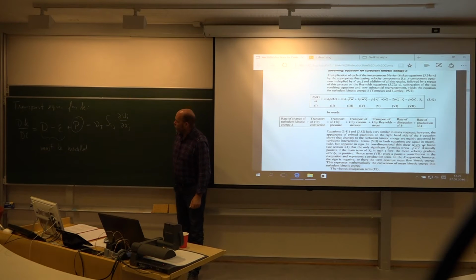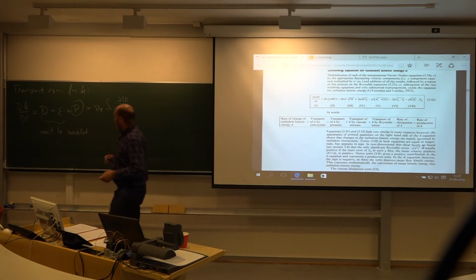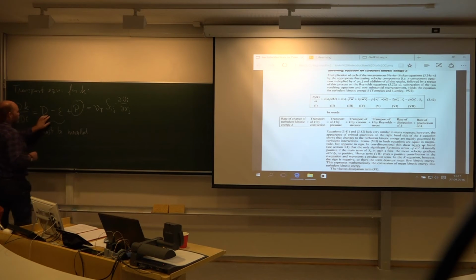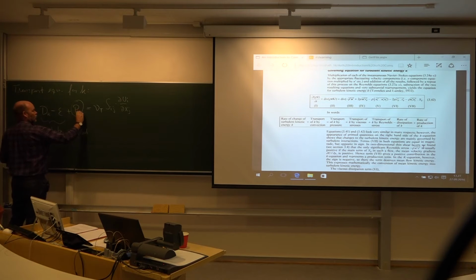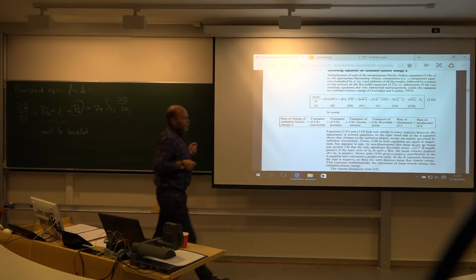Now you can do the same here, with not the diffusion term, diffusion should actually be of K, like this. Diffusion of K, production of K. This one, the dissipation, it's a terrible, terrible term.